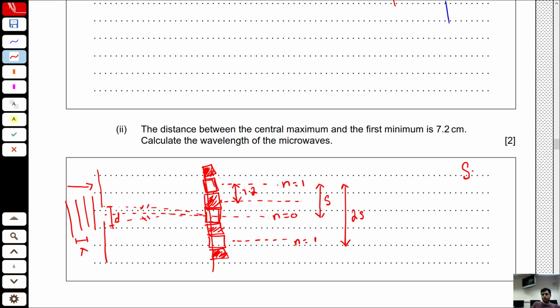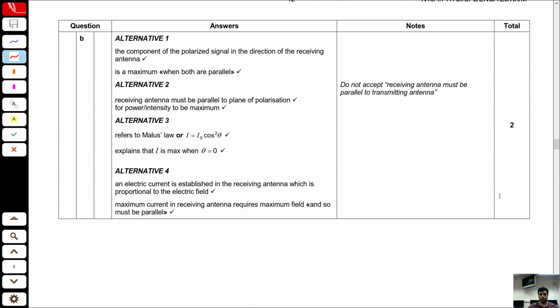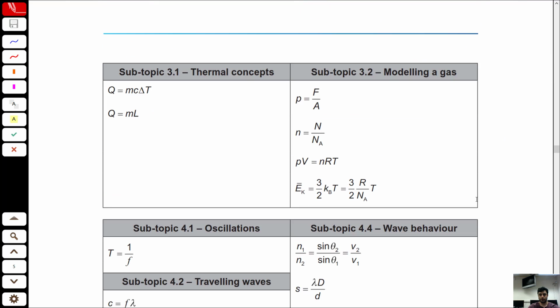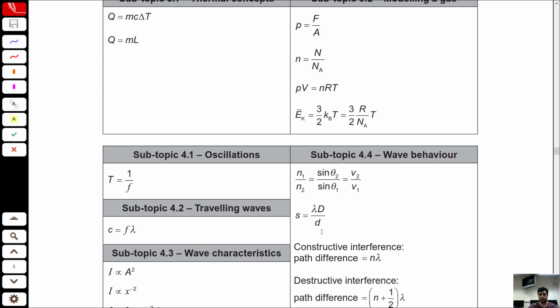The equation from the data booklet is s equals lambda capital D over small d, whereas this distance is capital D. Let me show you where the equation is. If you scroll back at the data booklet, here, s equals lambda capital D over small d.